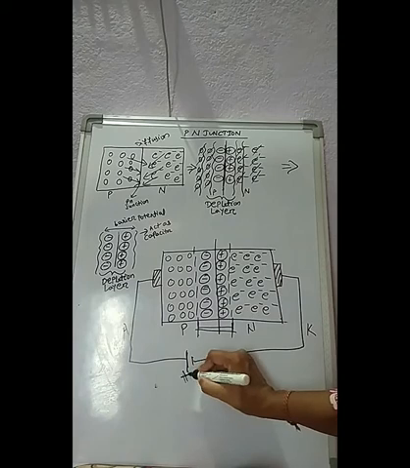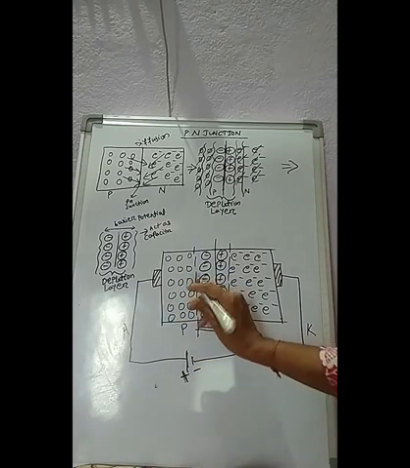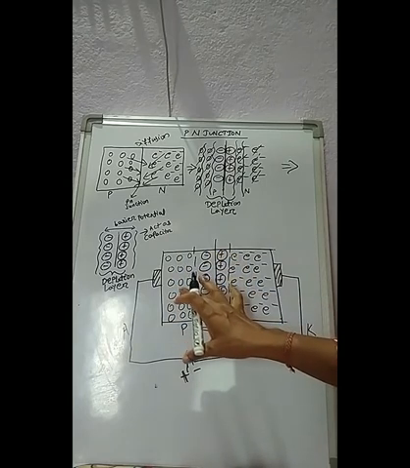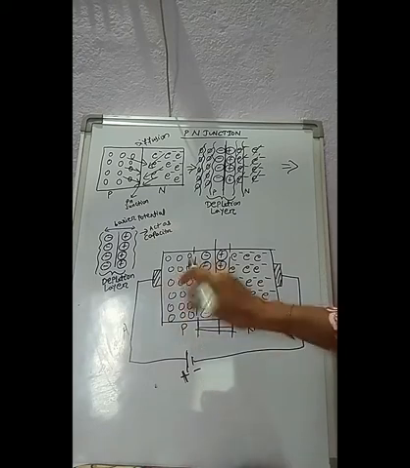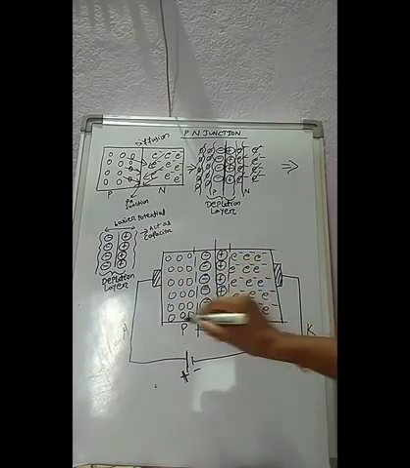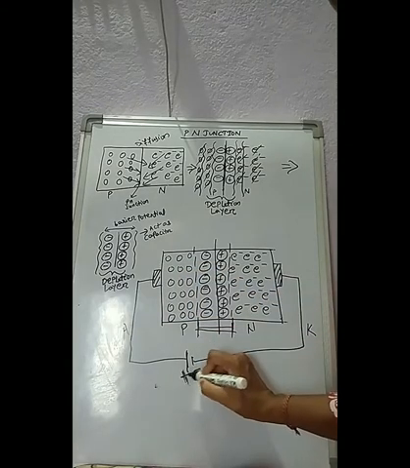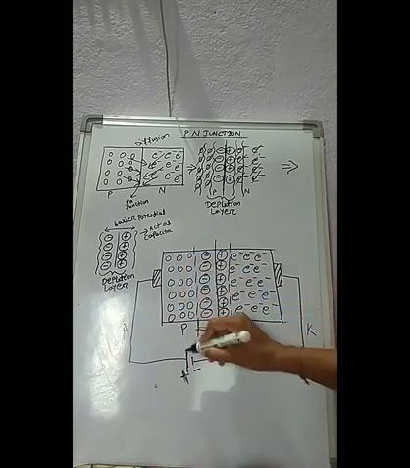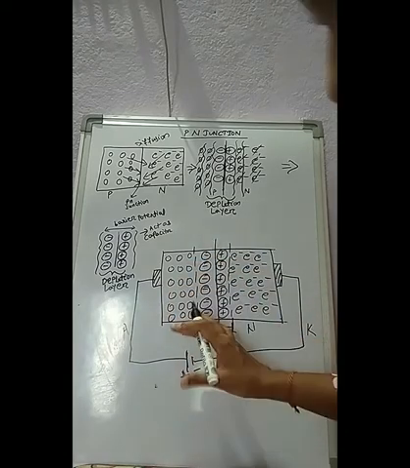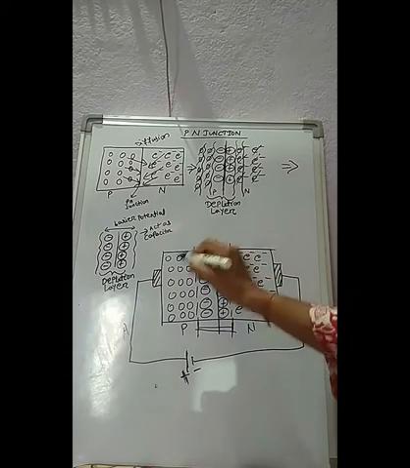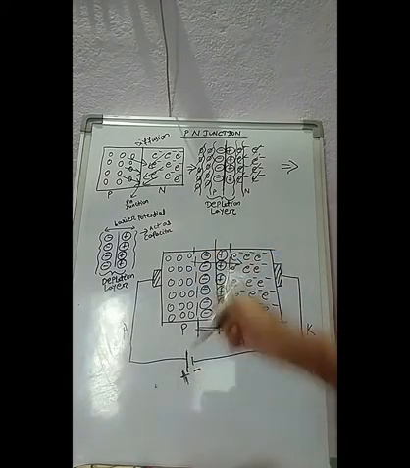So this positive terminal of the battery will force these holes to move away, because this also carries positive charge, so there is a repulsion force. Due to that repulsion force, these holes are forced to cross this junction.